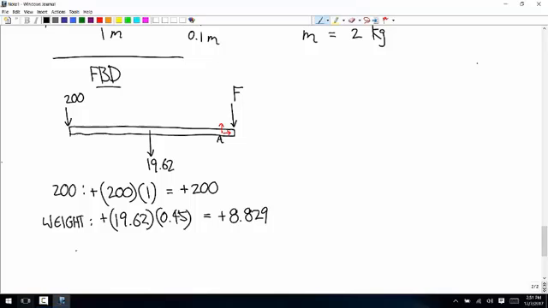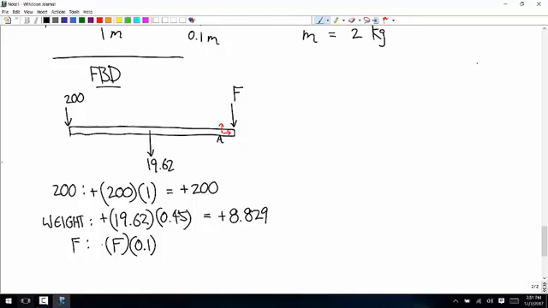And then the last thing we have is that force F. Again, we have to move that down along its line of action until here. And then what's the distance from this point to the axis? 0.1, yep. And would that force make it rotate clockwise or counterclockwise?